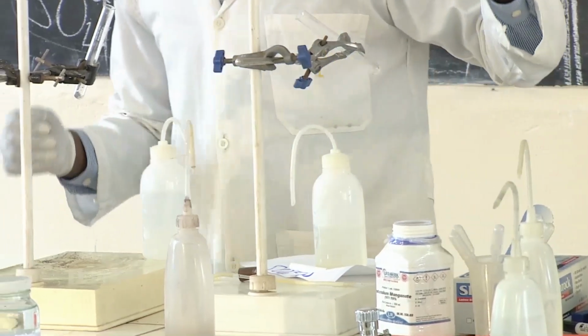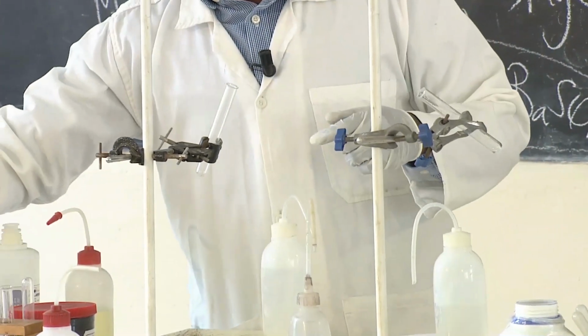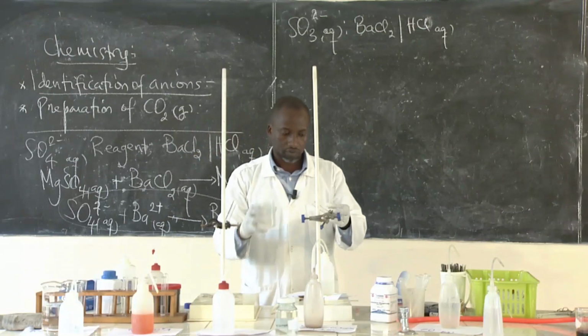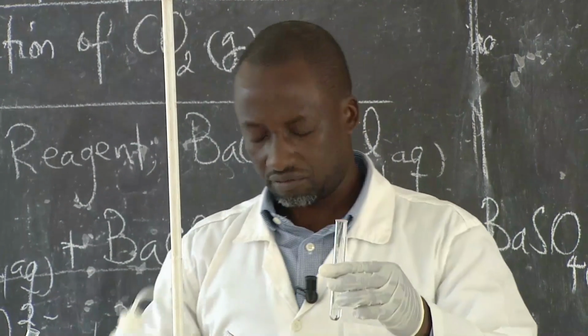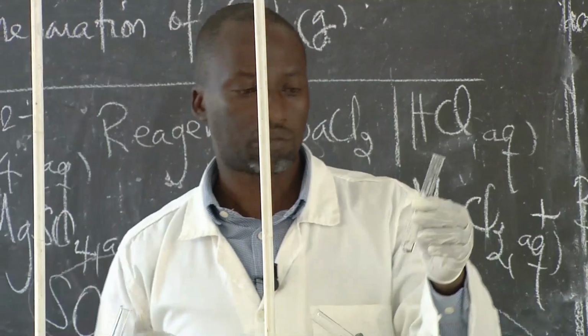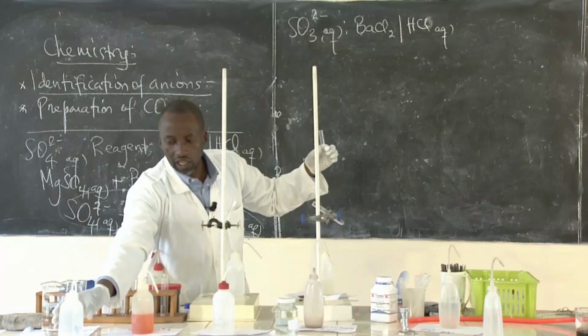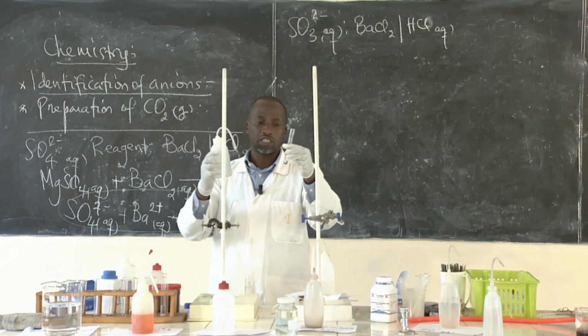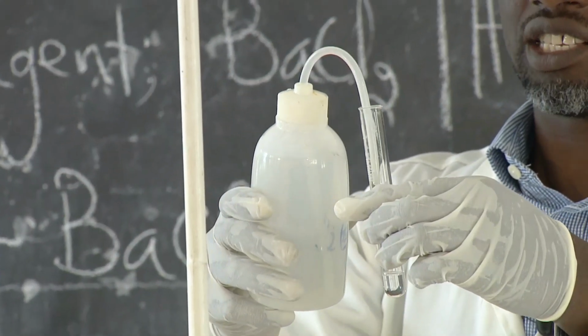Just a few drops of it in the solution, as we mentioned. 2 to 3 cubic centimeters, I think, is enough. You don't need to add a lot of it. As I said, in qualitative analysis, you don't need to measure. We're just looking at the changes that are occurring.